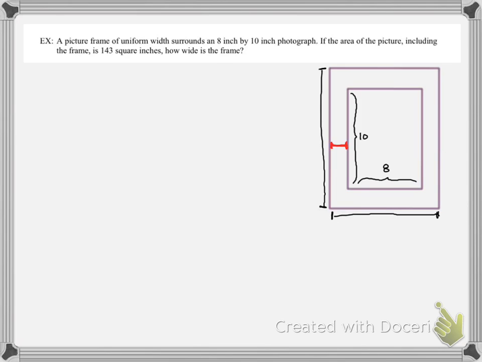So we're going to call that X. And for step one, where you identify your unknowns and assign them a variable, for problems like this, it's perfectly acceptable to use just the picture to identify what X is, as long as you clearly label it on your picture.